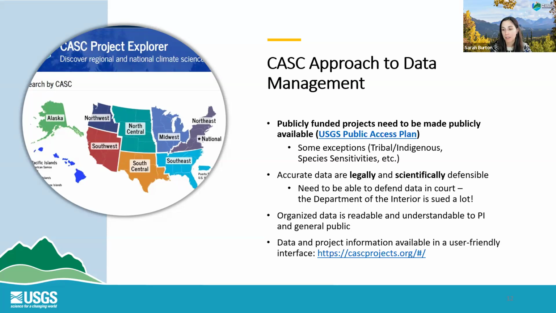And a lot of that goes into, we'll point towards our public-facing website, the CASC Project Explorer that is linked here and up in this little bubble. That public website, we work hand in hand between our data team and our communications team at the National Climate Adaptation Science Center to ensure that we are posting information about our projects and data in user-friendly, public-friendly ways.